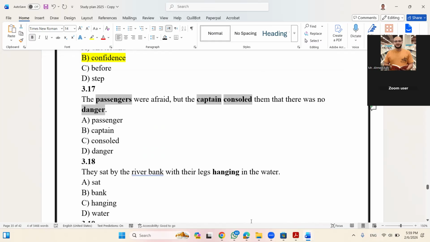Assured them, not console. Console means to stay next to somebody who's sad and try to make them happy. This is the meaning of console: to alleviate grief or a sense of loss, to comfort somebody. But when something bad happened, all right?